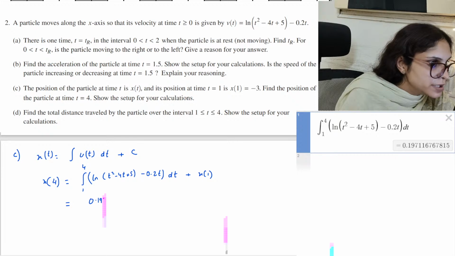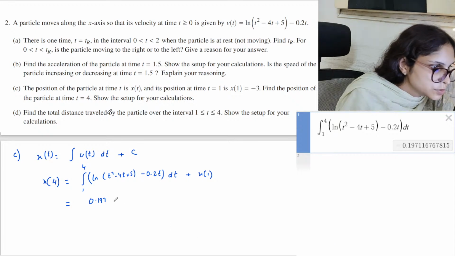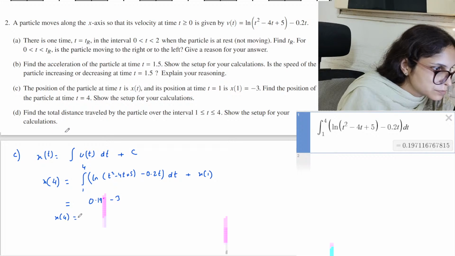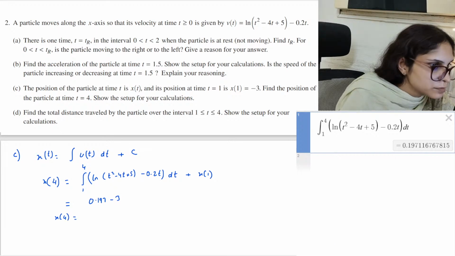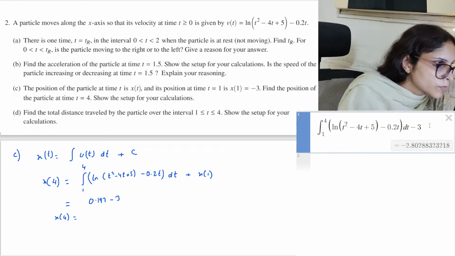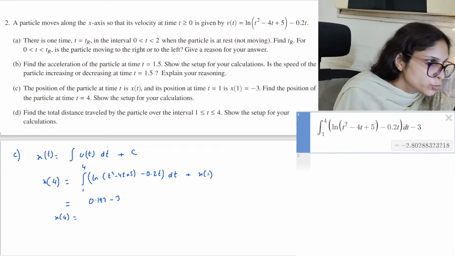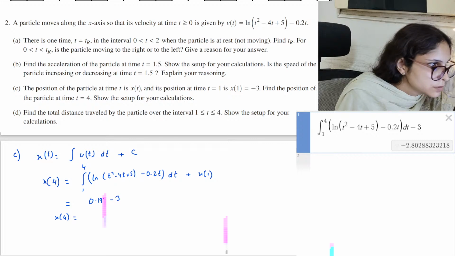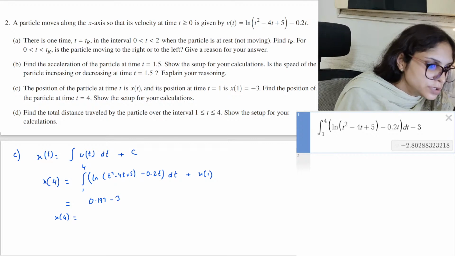And what is x of 1? It is negative 3. So we'll be subtracting 3. Negative 2.80288. So negative 2.803.